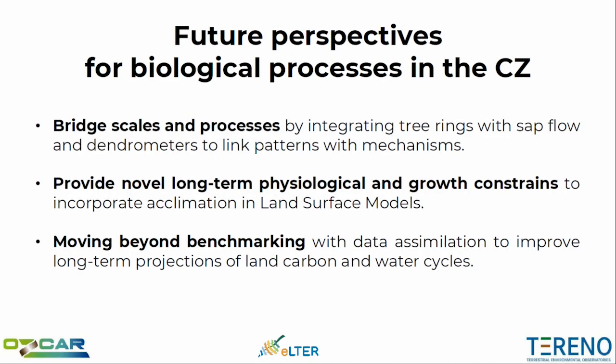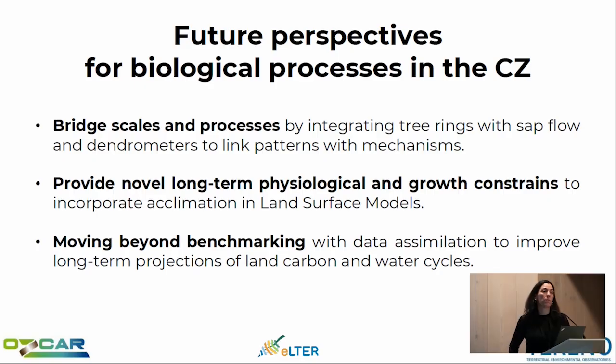And well, just the last slide, what I think is the future perspective for biological process research in the critical zone will be to bridge scales and processes by integrating ring widths with sap flow, because what we see with tree rings are patterns, but we need to understand what is the mechanism behind, and that will be with dendrometers and sap flow.